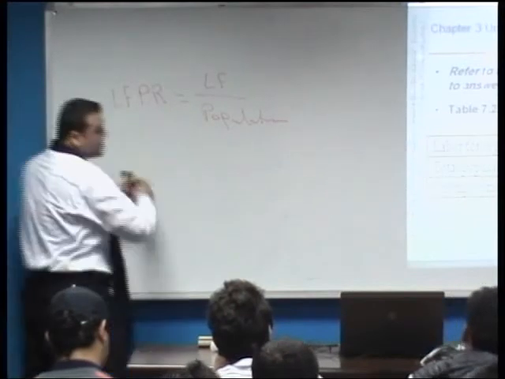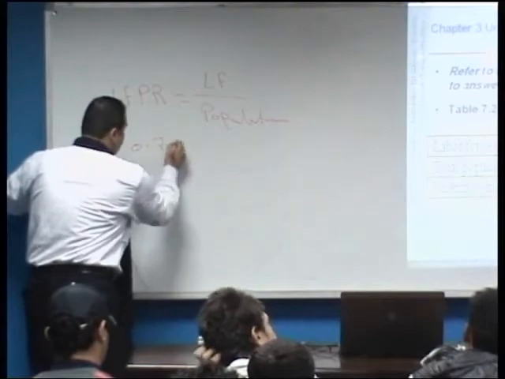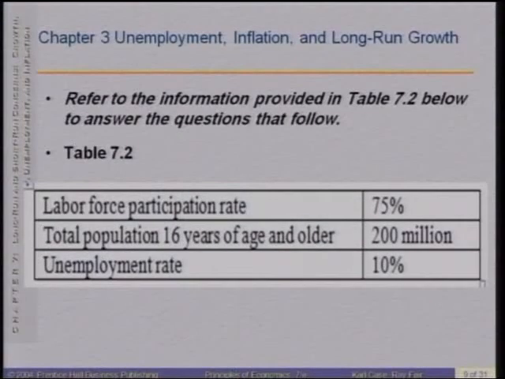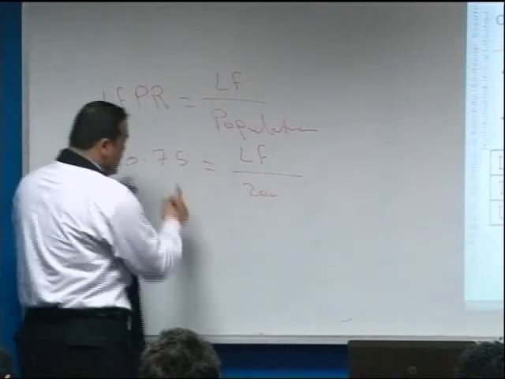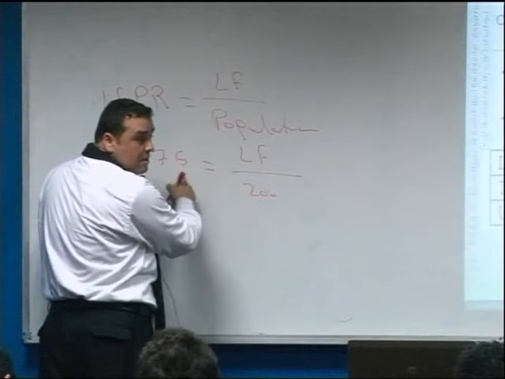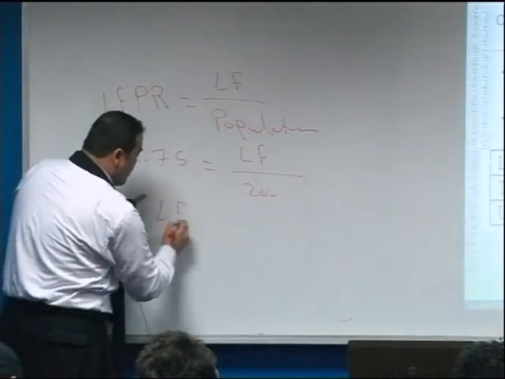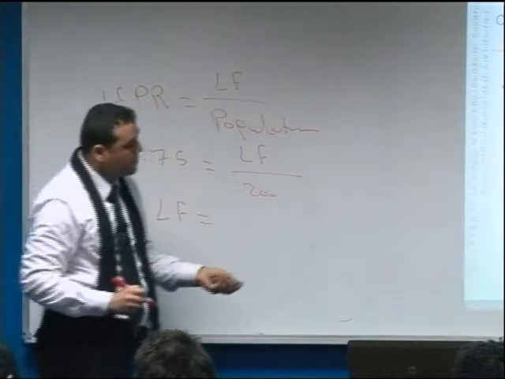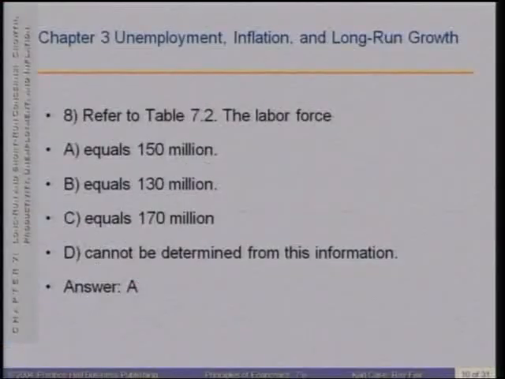So the labor force participation rate is given, 0.75 equals the labor force, which is required, over the number of population equals 200 million. So 0.75 times 200, so the labor force equals how much? 150 million people, right? Or workers.